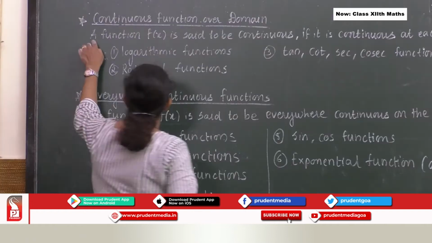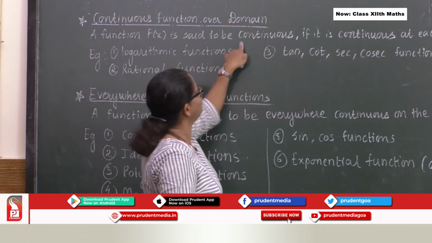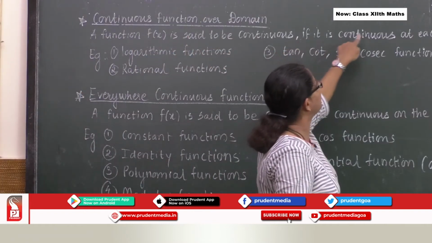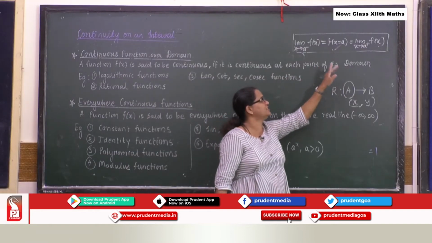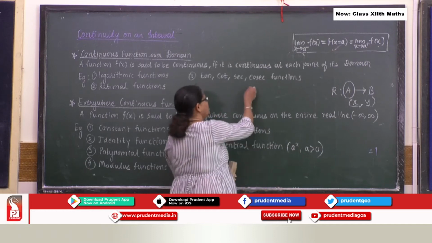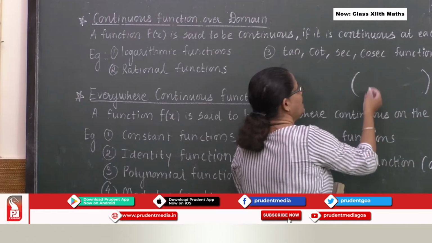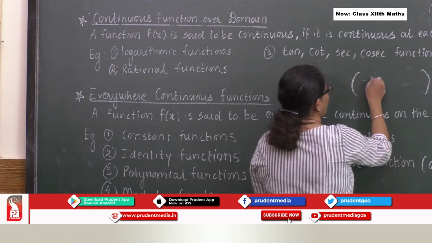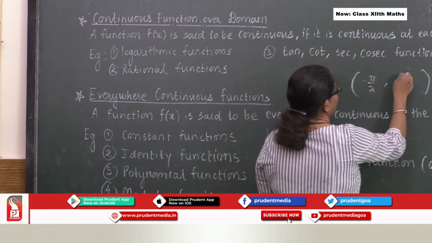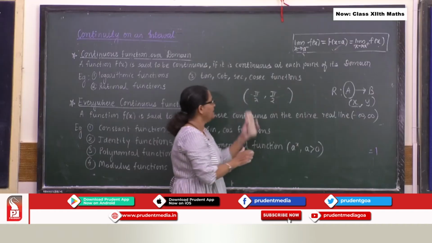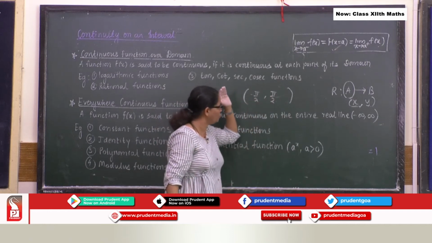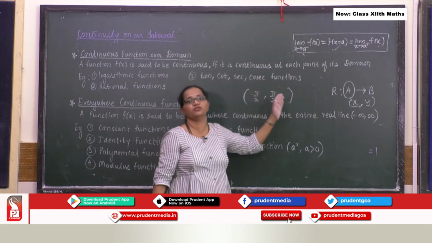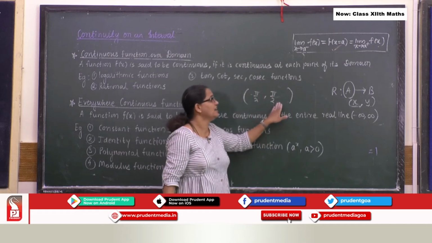So the function f of x is said to be continuous if it is continuous at each point of its domain. Here we just focus on the domain. Suppose your domain is minus pi by 2 to pi by 2. For all values in between, the given function is supposed to be continuous.